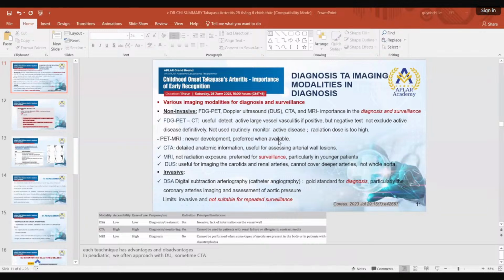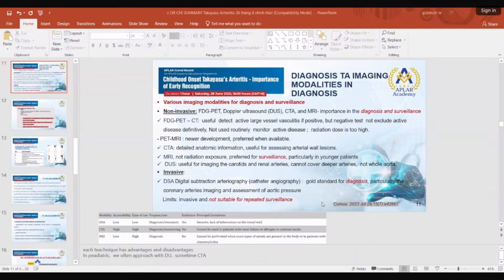However, in some cases, it cannot help to detect the lesions better than the other techniques. PET-CT or CTA is very important, but it has a very high risk of radiation exposure to the children. So it's one of the disadvantages.